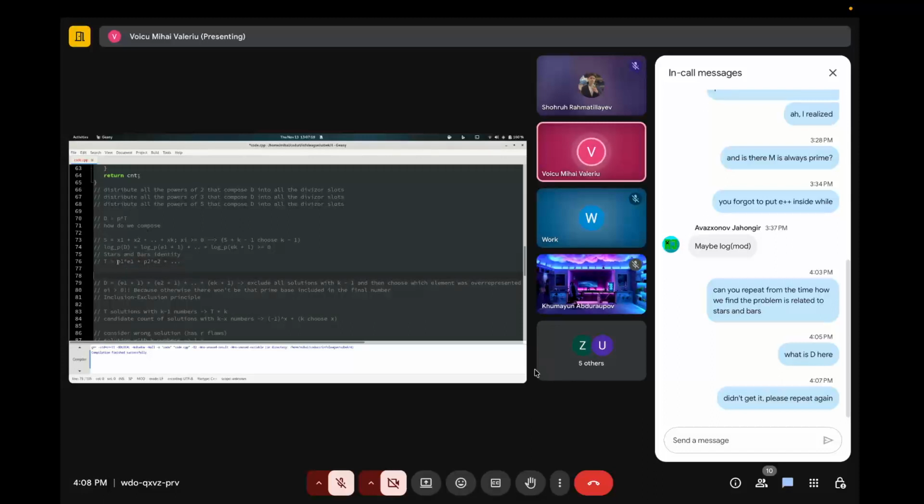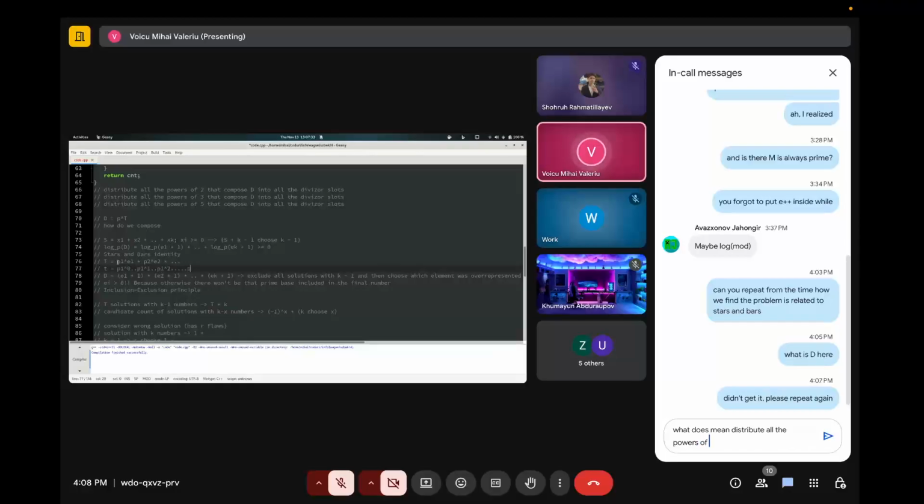So then we can choose this subdivisor of T to have P1 to 0, or P1 to 1, or P1 to the second, or so on up to P1 to E1.